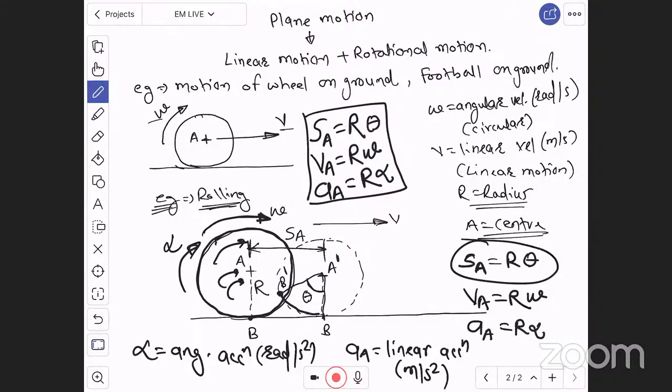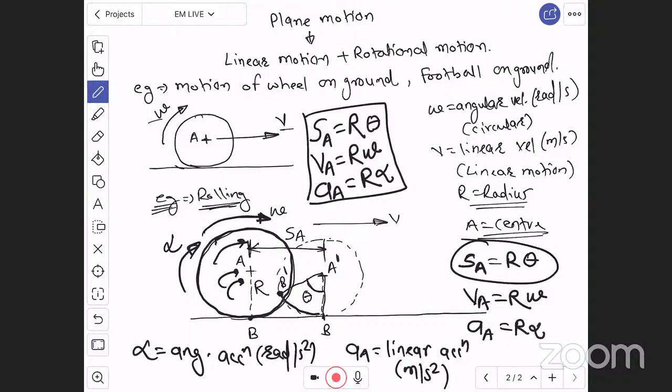Now, for such type of motion, we can find velocity as well as acceleration for each and every point lying on the wheel. Now that is our target, and at least 10 to 12 times they have asked this question in GATE examination. Now we will go to find for any other point.